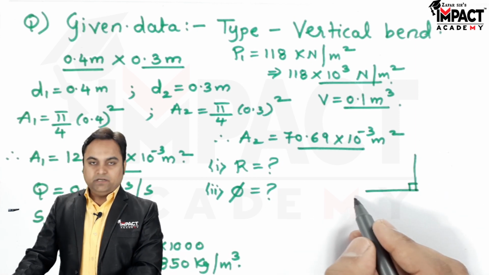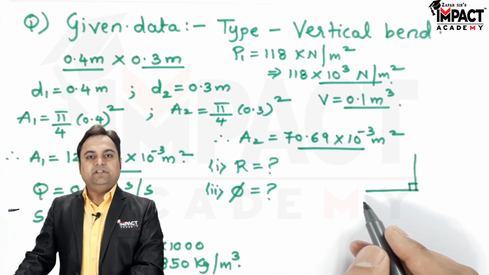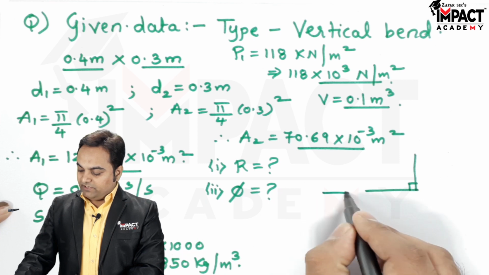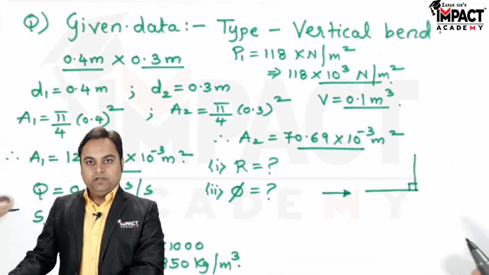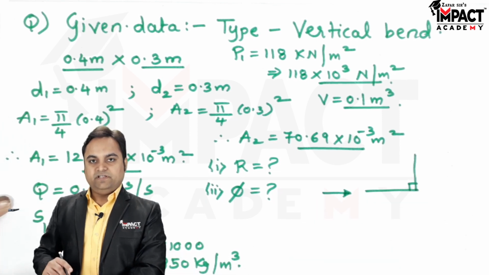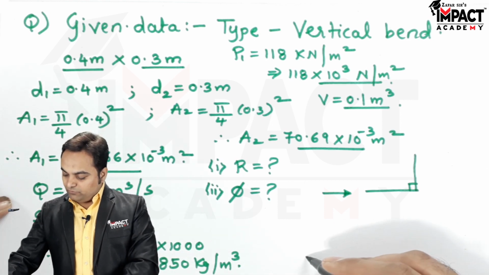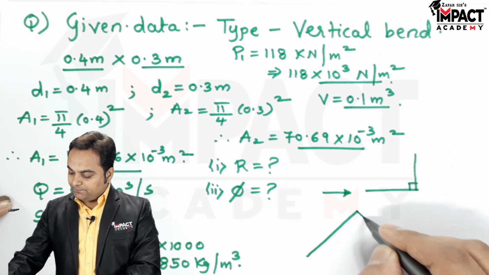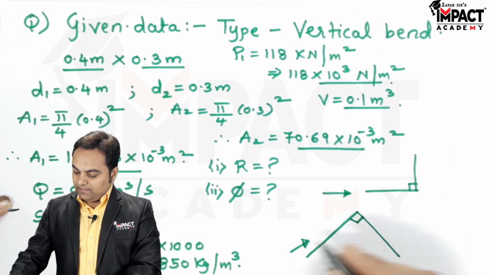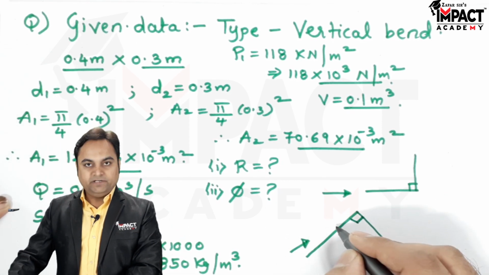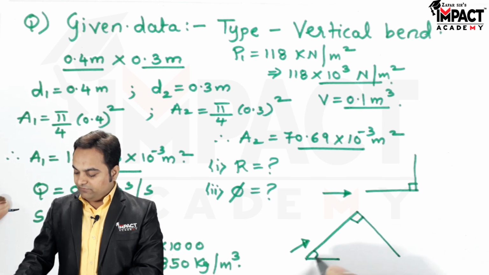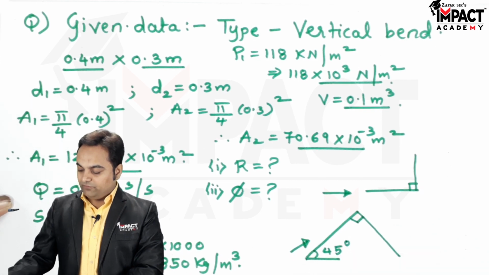If the condition was not given that water is entering at 45 degree, I would have taken the water entering horizontally. But here in this problem, they have said that the water is entering at an angle of 45 degree. It means we have to keep the inlet as inclined, and the water should enter at an angle of 45 degree with respect to the horizontal.